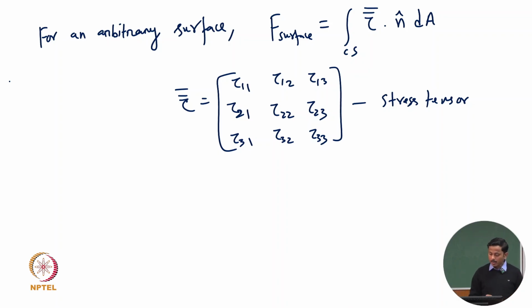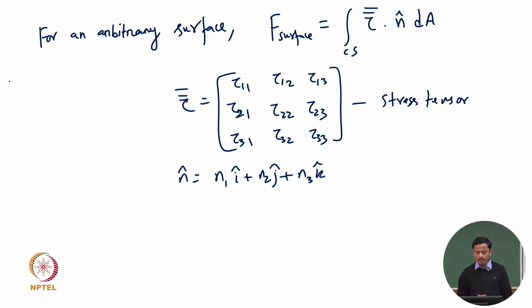And n cap is the unit vector, where n1, n2, n3 are the three orthogonal directions. So we are always working in 3D Cartesian systems.